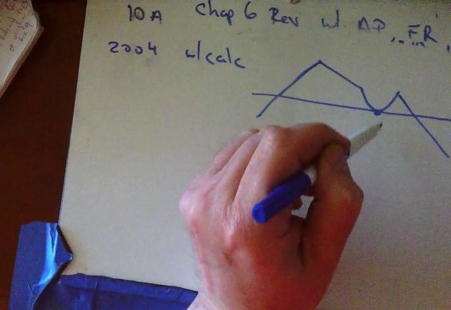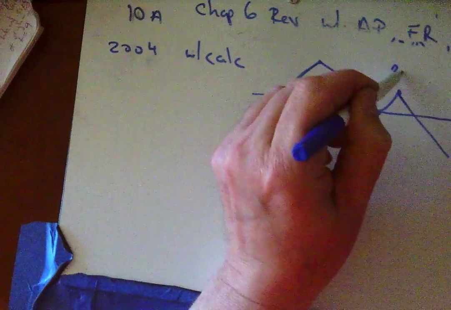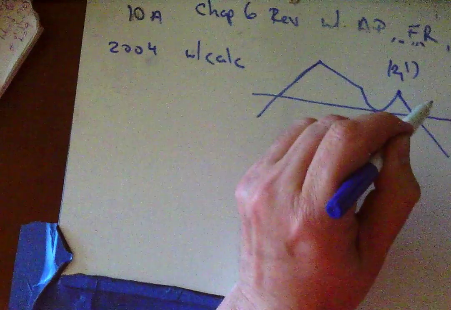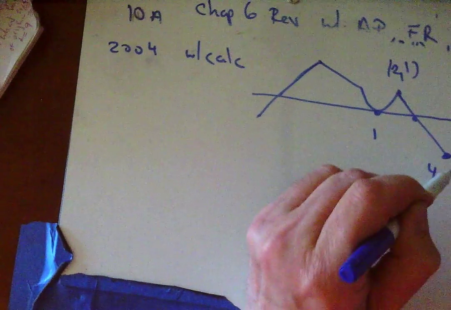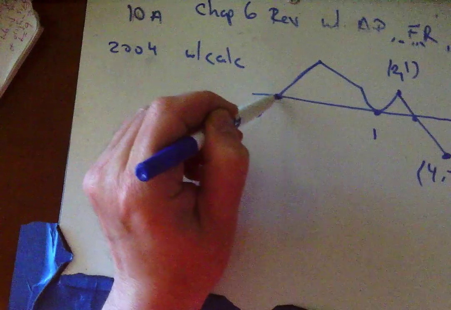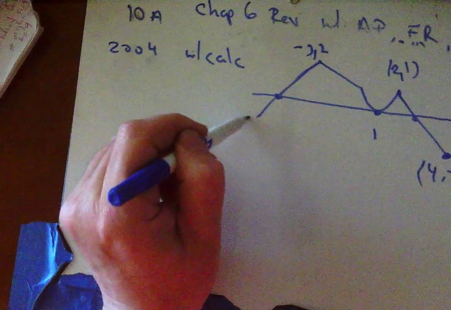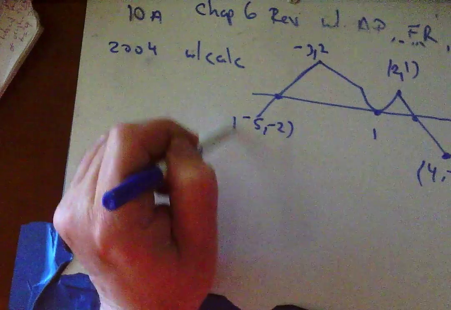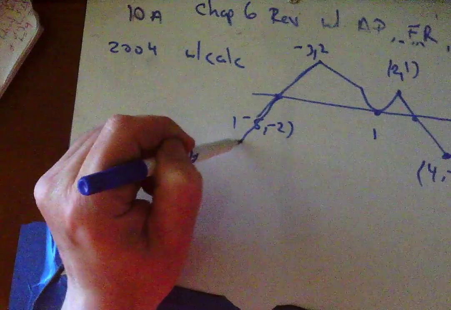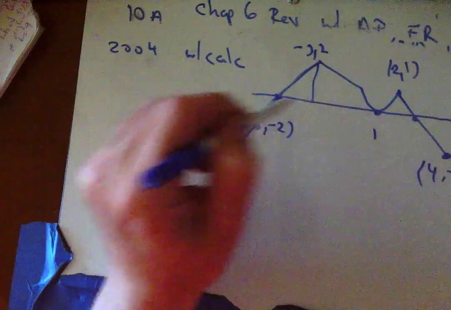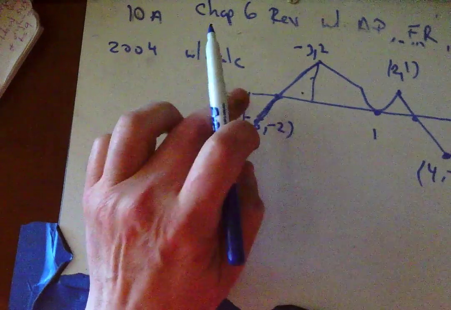Here, this is 1, this is 2, 1, this is 4, -1, this is 3, 2, and this is -5, -2. Okay, it's actually going to be down there because these are the same.